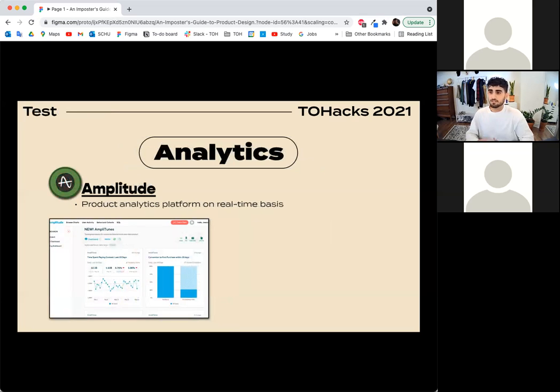So you've created all of these awesome prototypes in Figma or Adobe XD. It's now time to test and validate your product. Amplitude is a really great platform, especially for web pages, if you wanted to conduct that sort of product analysis. And it allows you to view analytics such as retention rates, click-through rates, and heat maps, which is really important, which is basically like a chart that shows you where your user is clicking, where their eyes go to first.